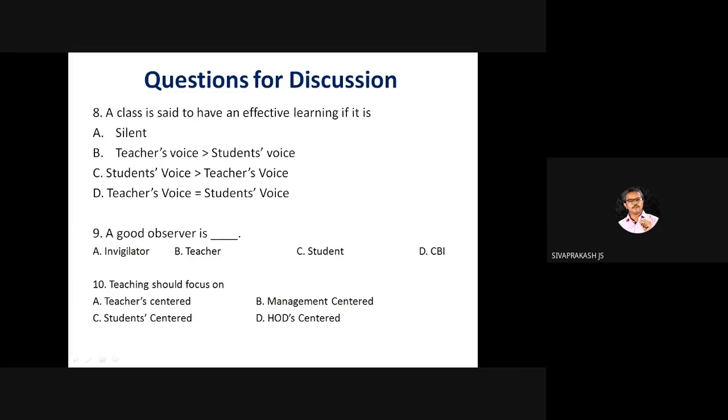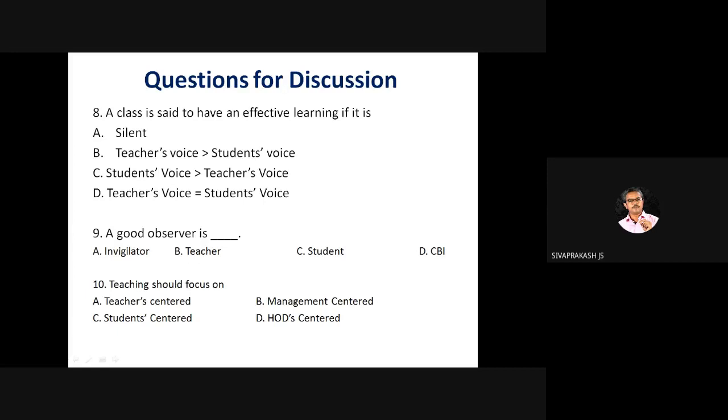Option 3, students. Option 4, the immediate supervisor, maybe called a coordinator or HOD. Who gives perfect feedback? Option 1, management. Option 2, teachers. Option 3, students. Option 4, HOD or coordinator, the immediate supervisor.